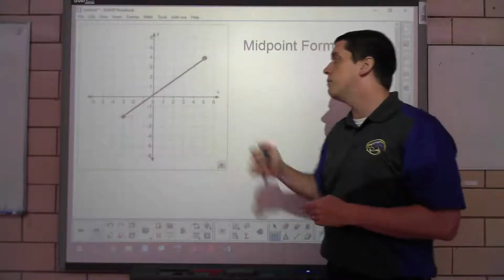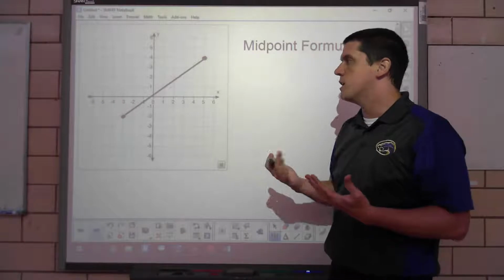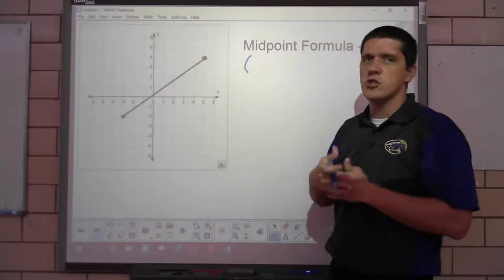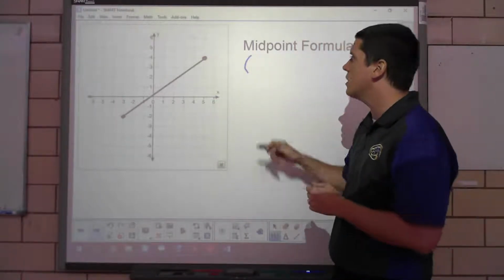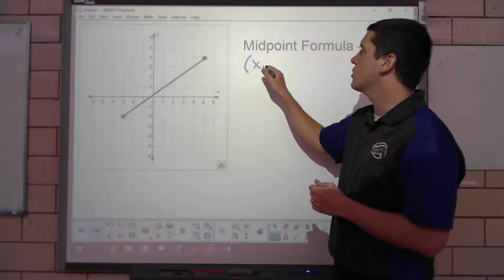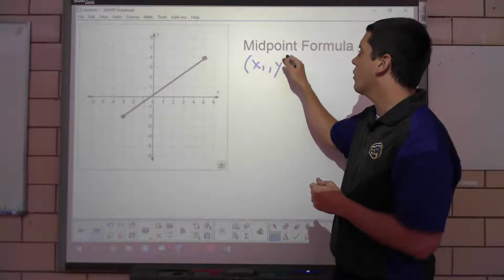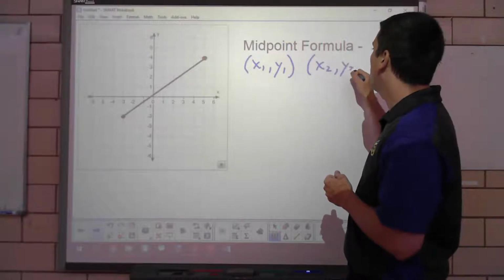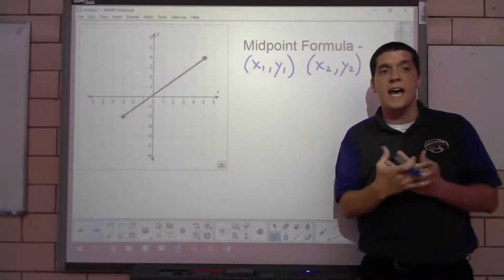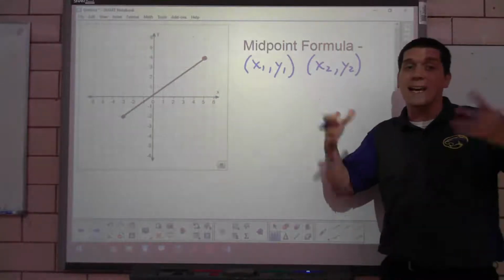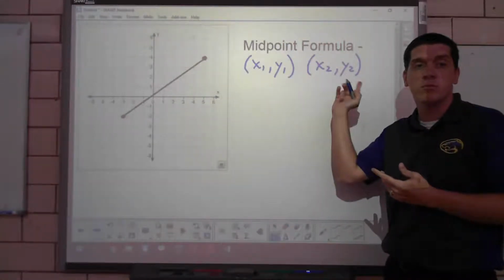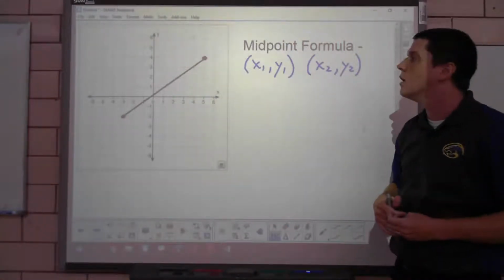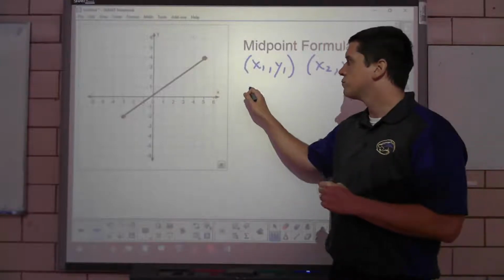So if I want to find the midpoint, given 2 points, I'm just going to write this generically, then we'll look at this one exactly. So if I have 2 points, some x1 comma y1 and some x2 comma y2. Any 2 points, our first point, our second point, that's what those ones and twos just represent there. So we have a formula.